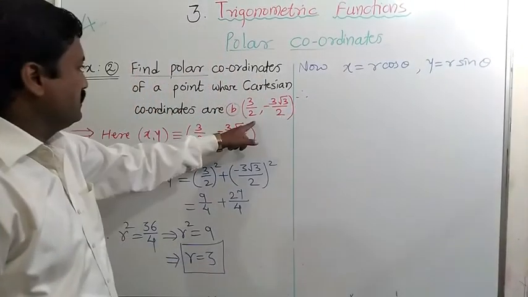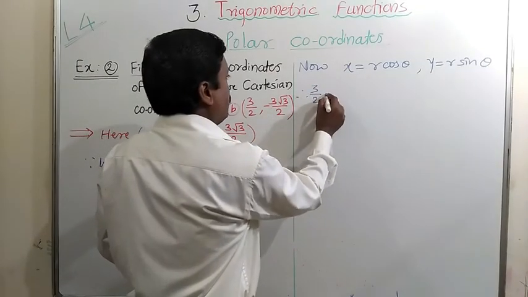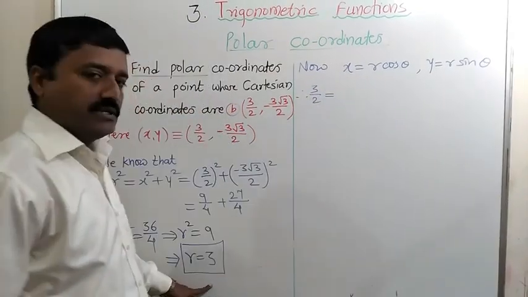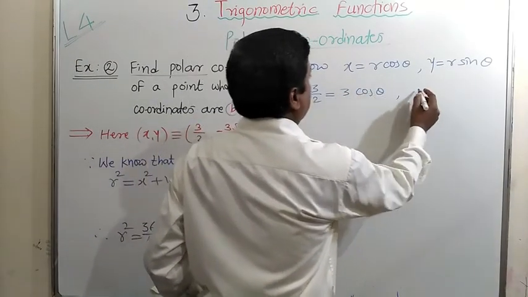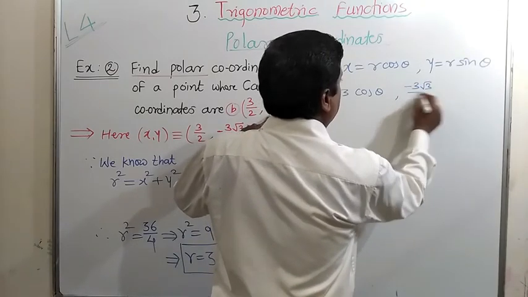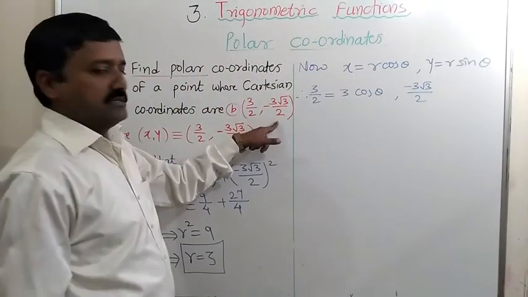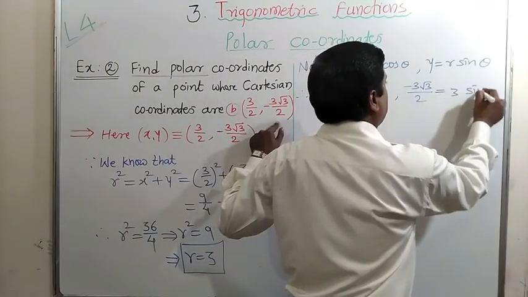Therefore here x is 3 by 2, so 3 by 2 equals 3 cos theta, as the value of r is 3. In the second equation we get minus 3 root 3 upon 2 equals 3 sin theta.